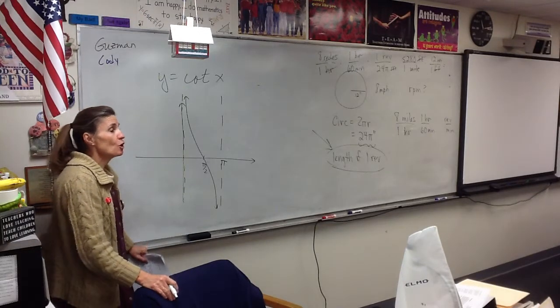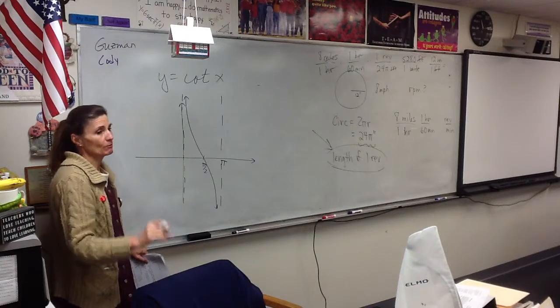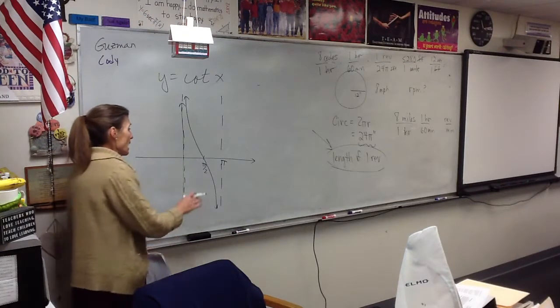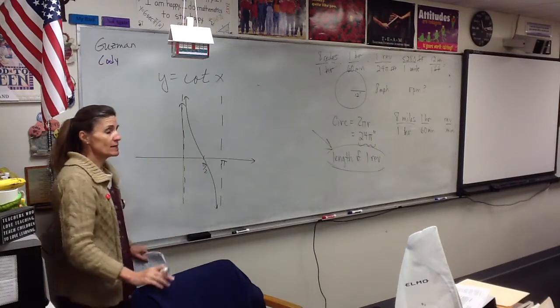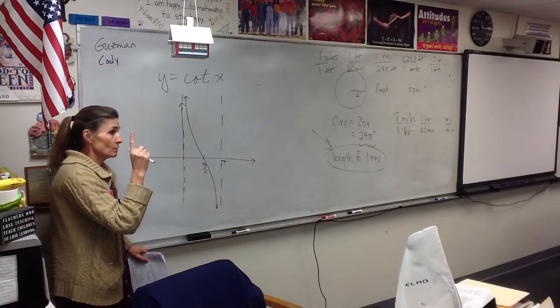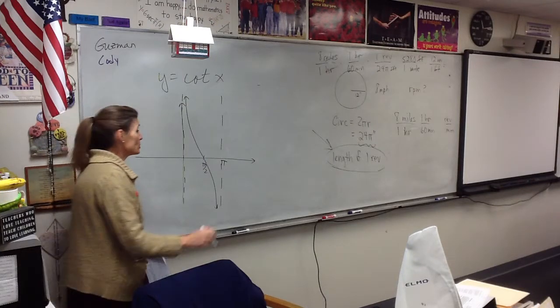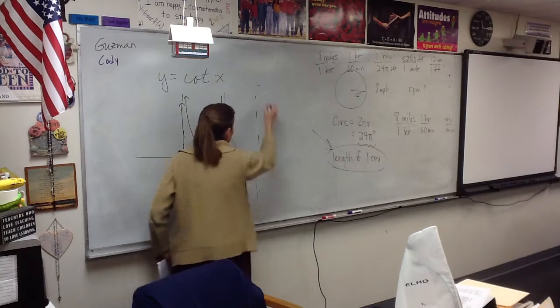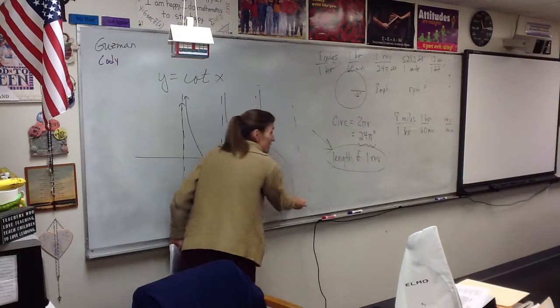What is its domain? Now, we've got to be careful with this. These are a little complicated, I'll grant you that. Have I graphed the entire cotangent up here on the board? No, I only graphed one period of it. So it will continue on over and over again. Would you agree with that?